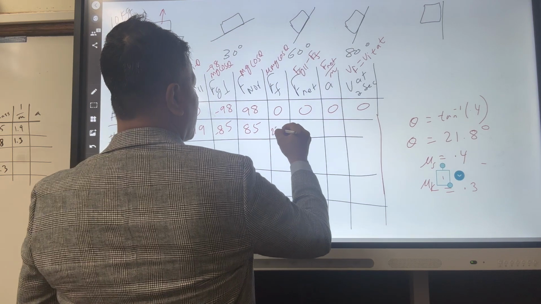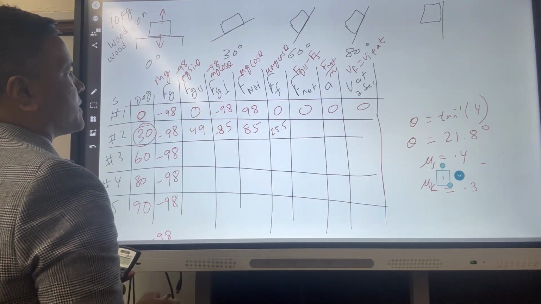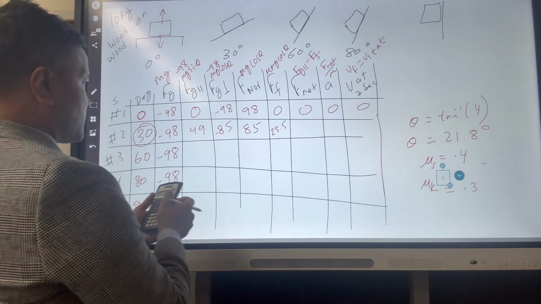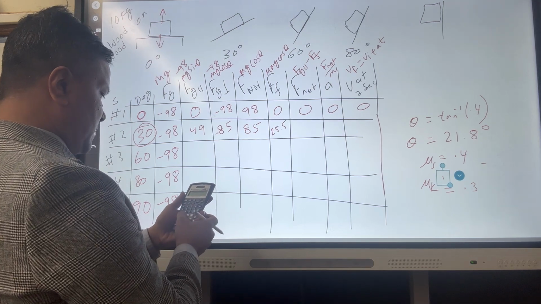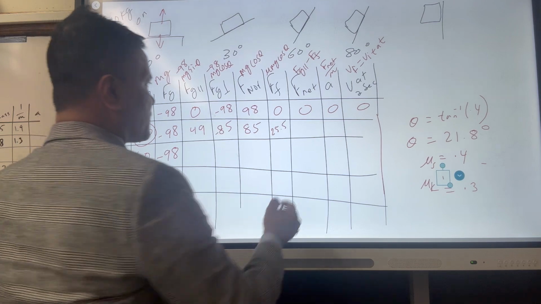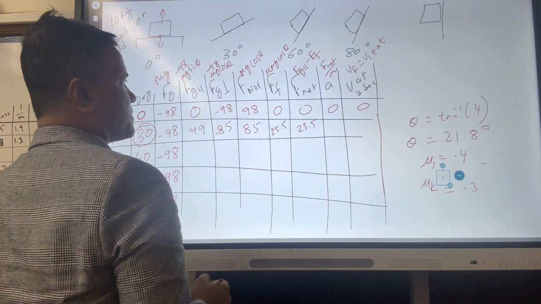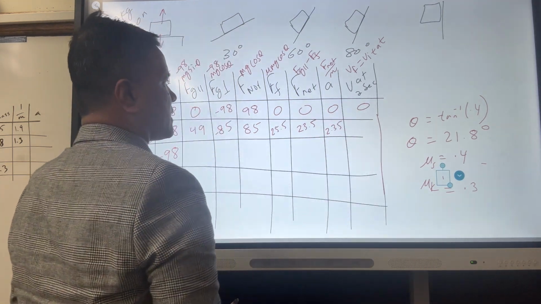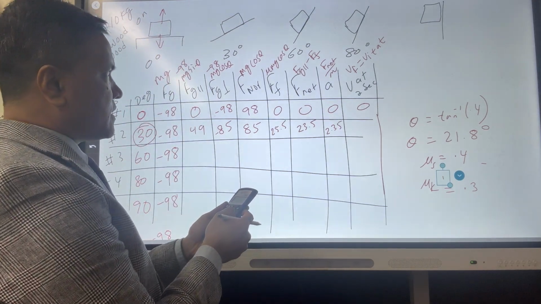So 25.5 is the force of friction, and that would be 49 minus 25.5, which is 23.5. Acceleration would be 2.35, which is 23.5 divided by 9.8.